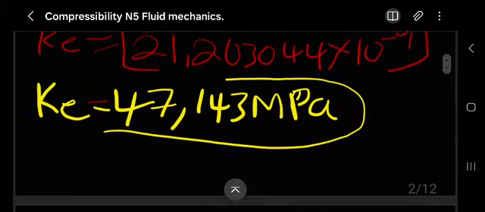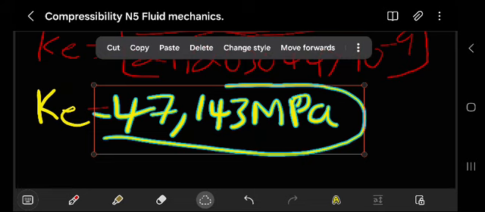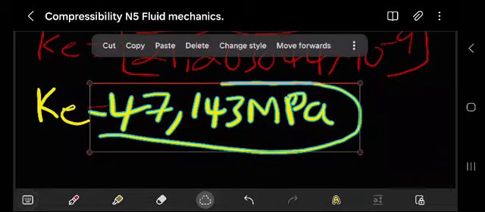Our KE is this. We got the KE here. You remember, this is our KE. We'll divide by that.